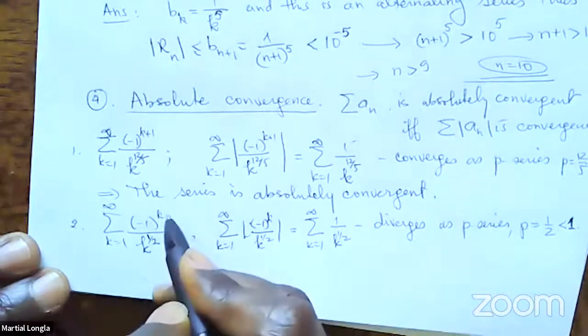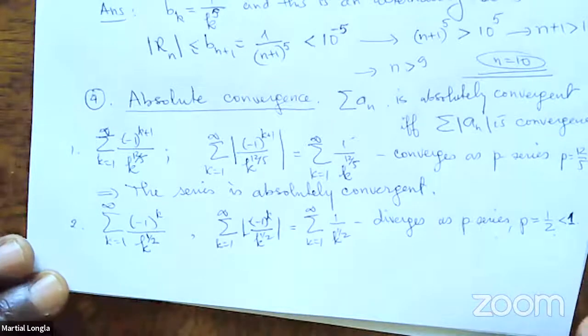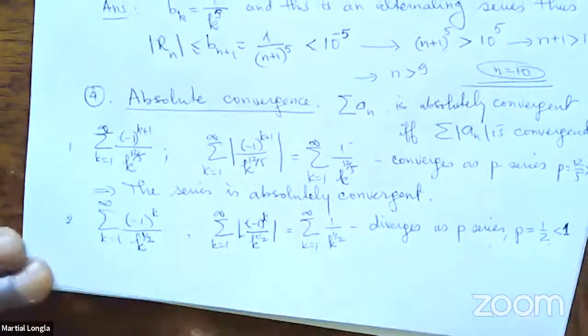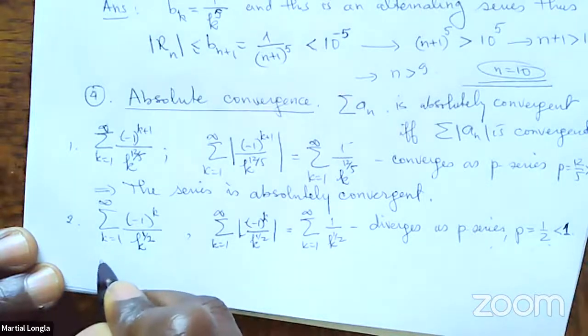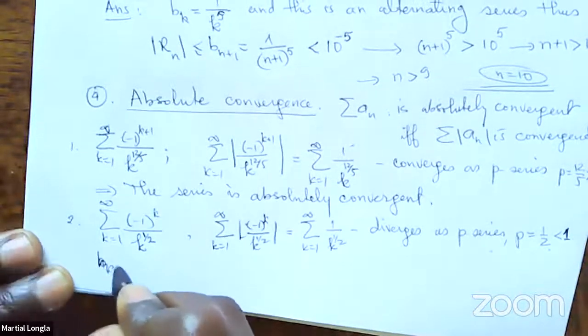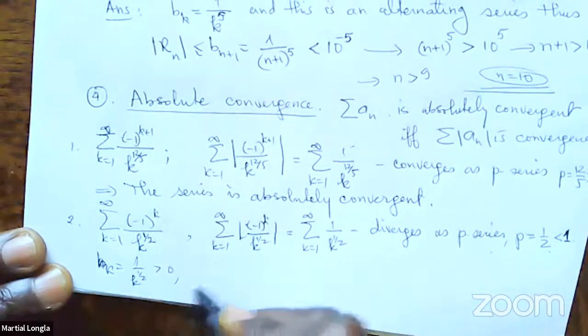So this thing doesn't converge absolutely because the sum of absolute values diverges. Now we want to see if it converges conditionally, because we already found out that it doesn't converge absolutely. If we take bk equal to 1 over k to the 1/2, this is positive.